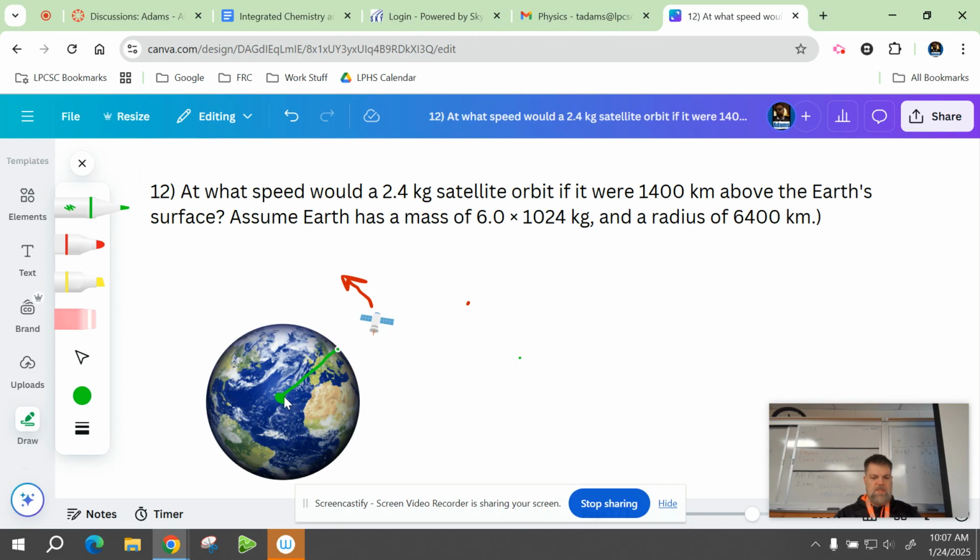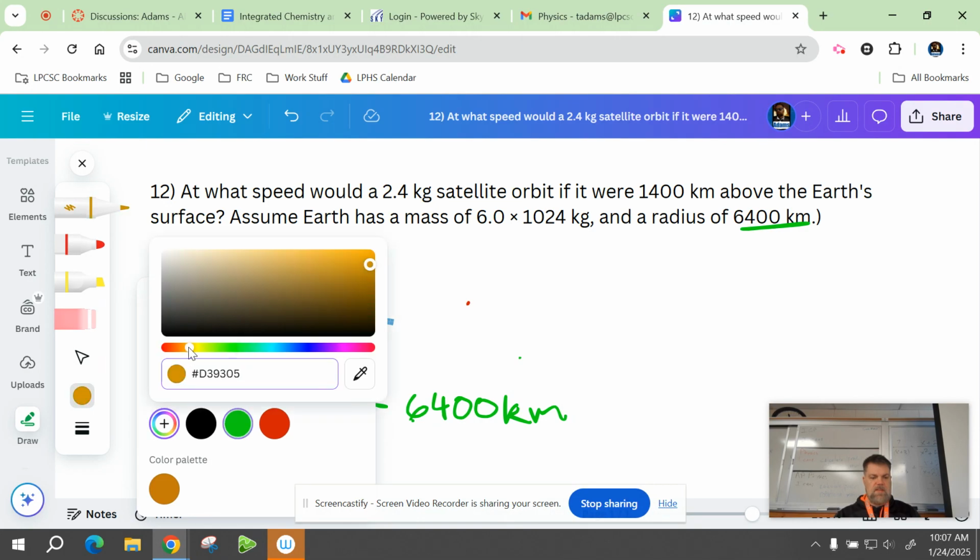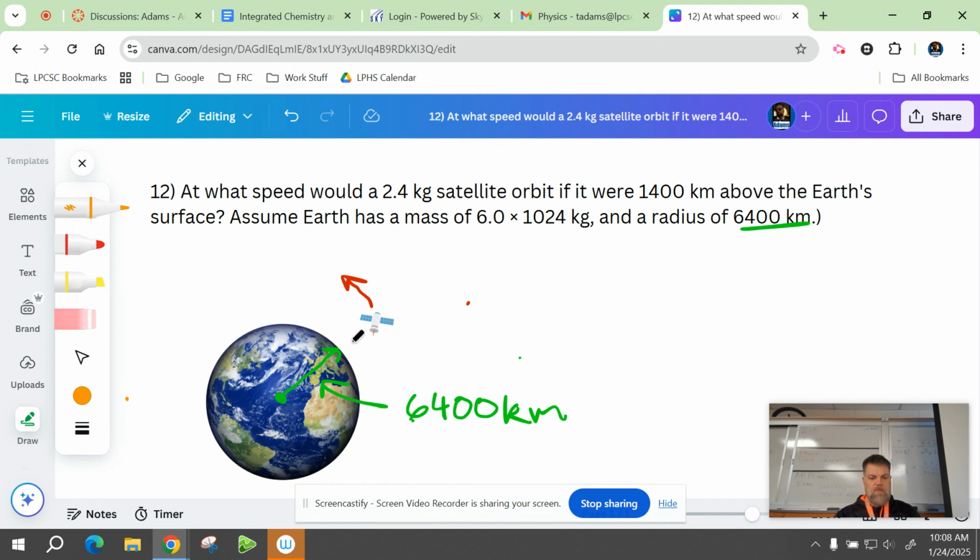And so the distance from here to here was given to us by saying that the radius of the Earth is 6,400 kilometers. And then also that extends, we'll do orange, from here to here, to the satellite, that is 1,400 kilometers above Earth.